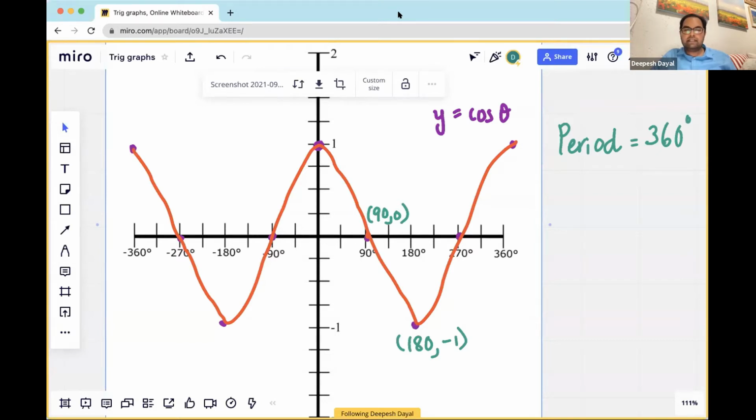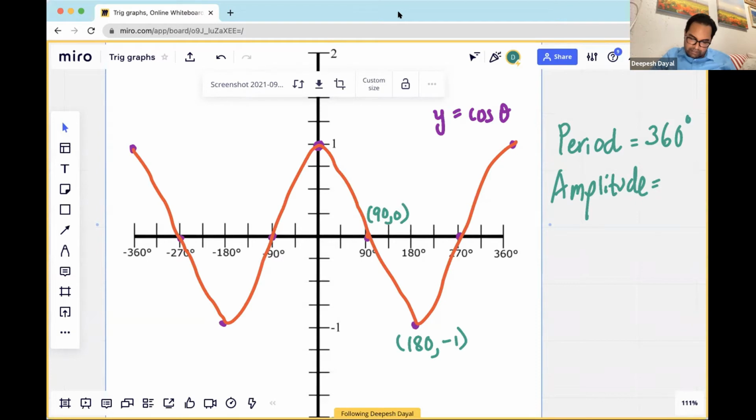What about the amplitude? How tall is this graph? You can take a try and look at the graph. How tall is it here?